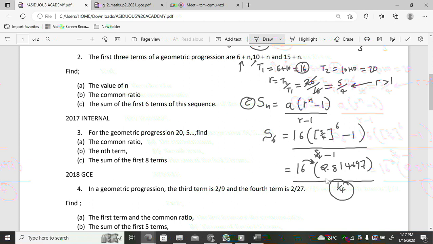And then the answer that I get after multiplying by 16, I'm going to say divided by 1 over 4. So the sum of the first 6 terms we are going to get here is 180.14. This is going to be the answer. So this is how you work out this question. Are we good?